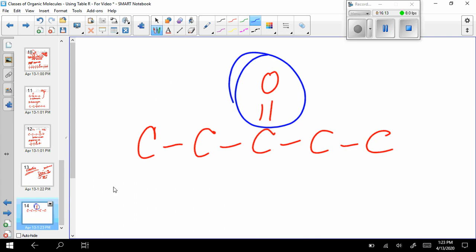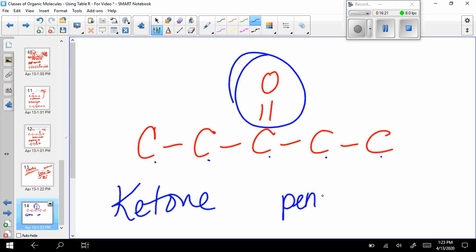And so the class is ketone. And then to name it, 1, 2, 3, 4, 5. So that's pent. One is the ending for a ketone. And then carbon 1, carbon 2, carbon 3 is where the double bonded O is. So 3-pentanone. All right, so that's what you're going to do with the practice sheets.